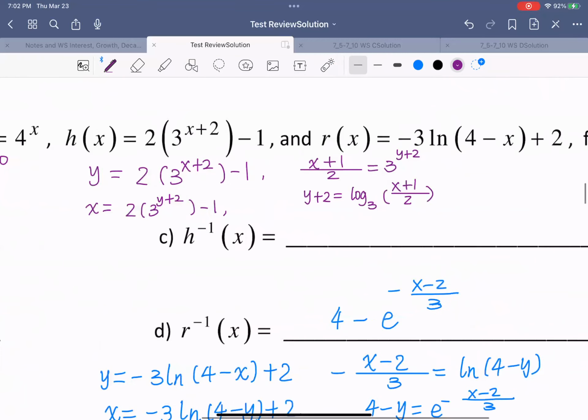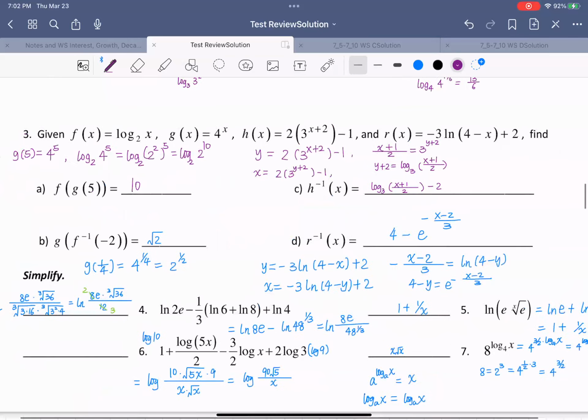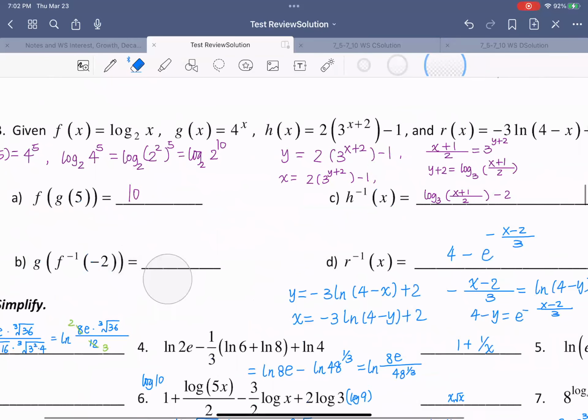Yeah, and y equals that log base 3, minus 2. And then that's H inverse. Okay, this is how we do the inverse. Next, this one here.